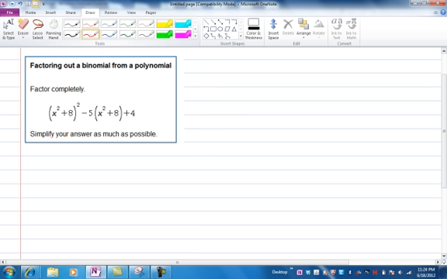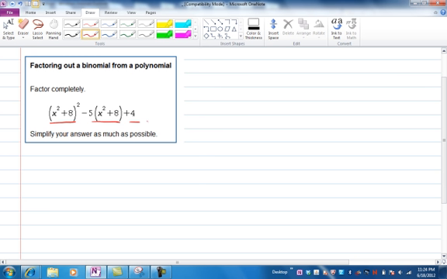The key to this type of problem is recognizing that there are a total of three terms in the original problem. Now, the topic name, in order to be generic, unfortunately can be somewhat misleading, says factoring out.